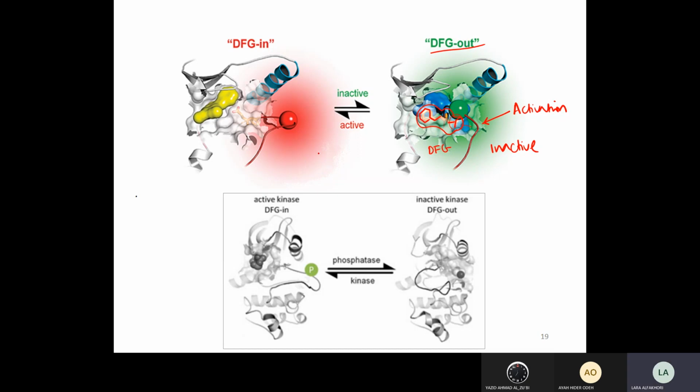Okay. Now, if you look at the active conformation that is shown in red, لاحظوا activation loop now, that part that got phosphorylated in case كان activation by a phosphorylation is now, let's say, trajectorying toward the solvent. Okay.